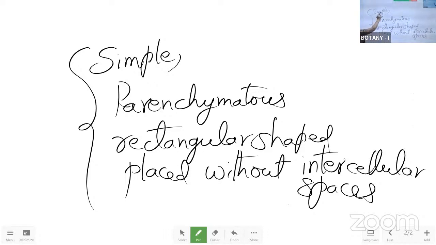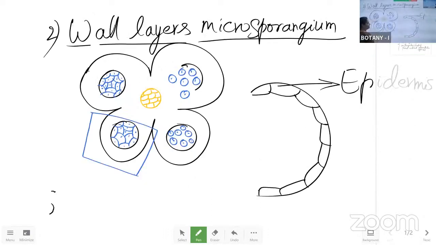So the outer epidermis is simple parenchymatous, rectangular shaped cells placed without intercellular spaces. Okay, this is the epidermis. When we say parenchymatous, there is no need to say those are living cells. Parenchymatous is by default living cells. And all are rectangular.